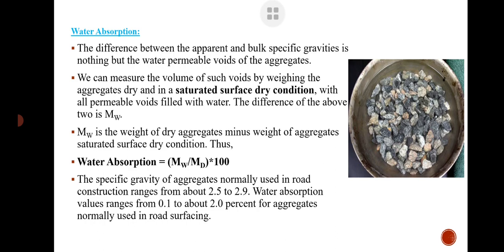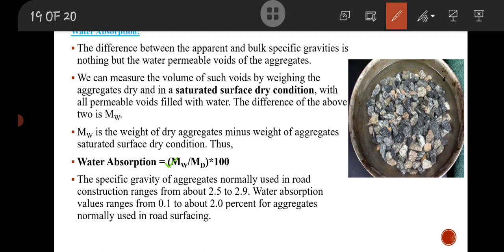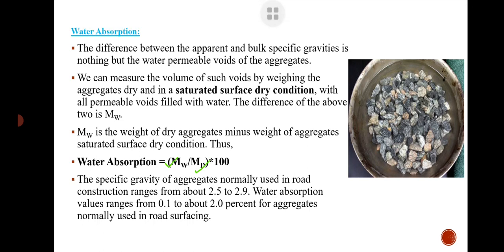And how much water is soaked in, we calculate from the formula: weight of wet aggregate minus weight of dry aggregate, divided by weight of dry aggregate, into 100. Before this test we need to keep the aggregate in an oven so that we can get a surface dry condition.